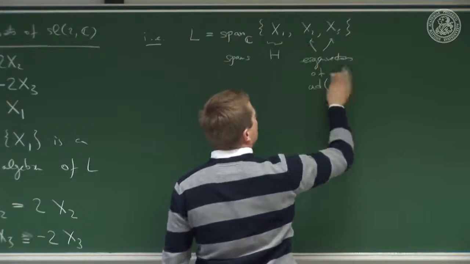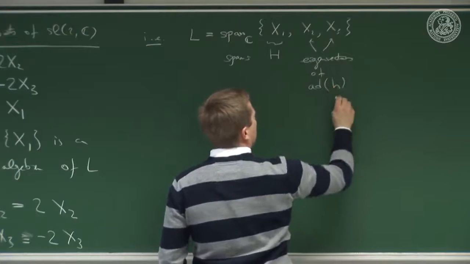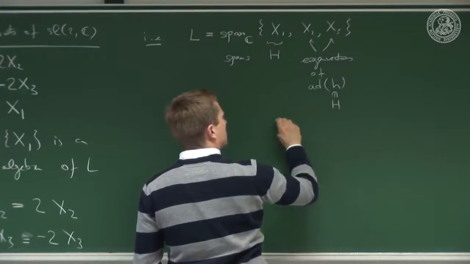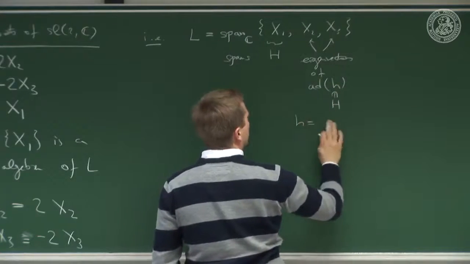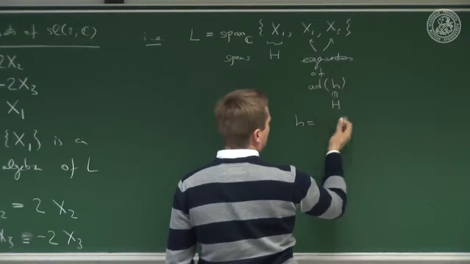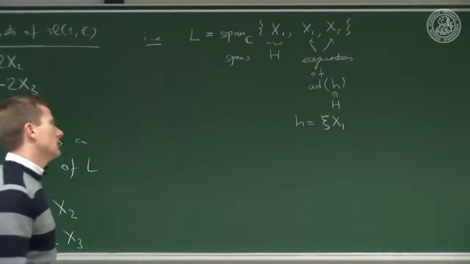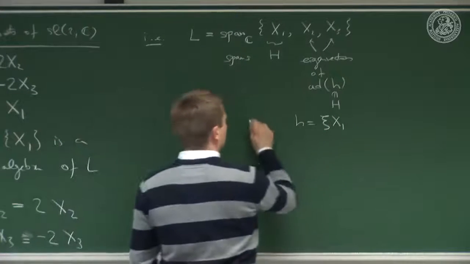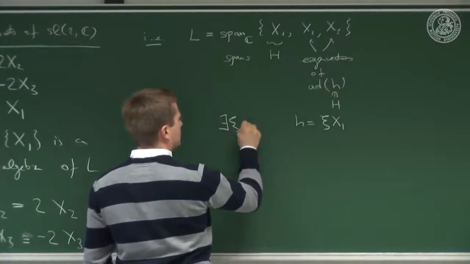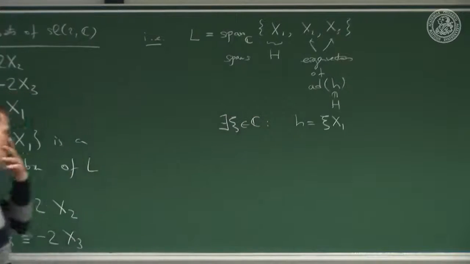Every element in there is just a little h in H, but every h has, of course, the form psi times x1, where psi is a complex number because H is one-dimensional. So it's the Cartan subalgebra we have there.